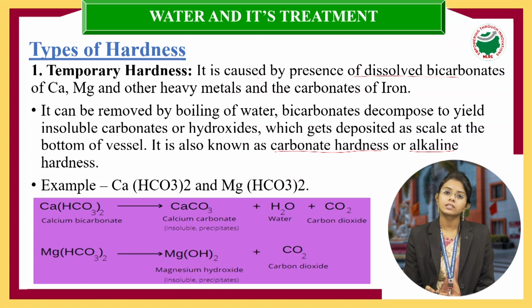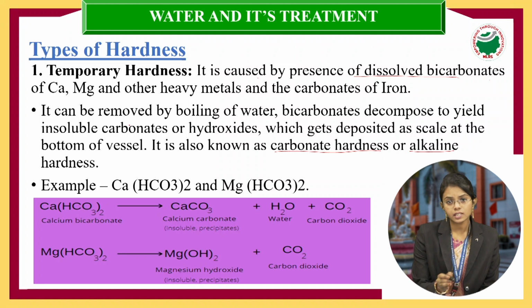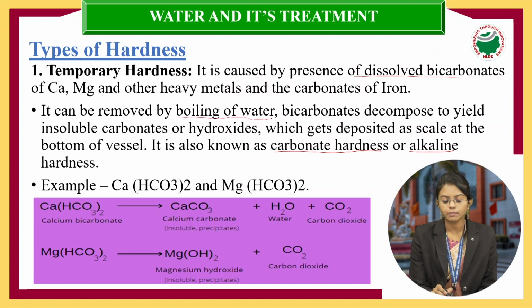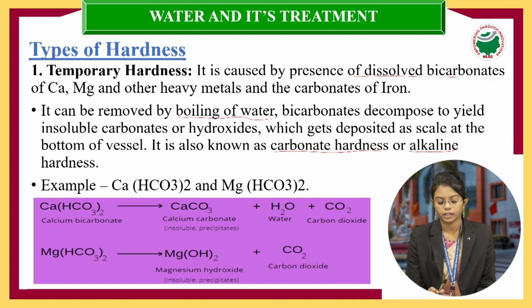Why is temporary hardness caused? Because of the dissolved bicarbonates of calcium and magnesium. Now this temporary hardness you can remove by simply boiling the water. By this method you can remove temporary hardness.